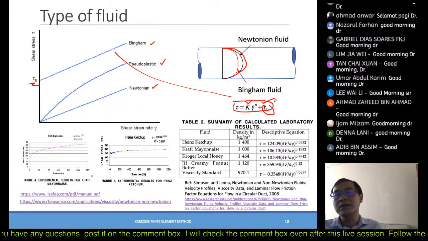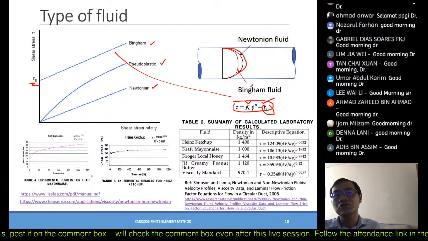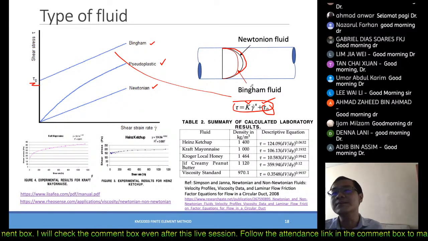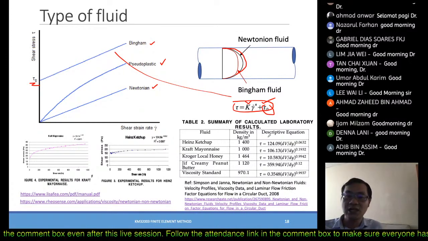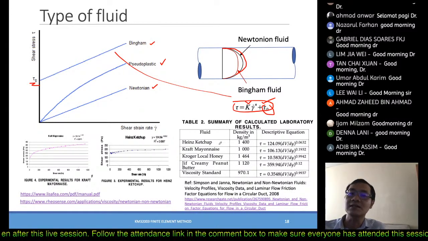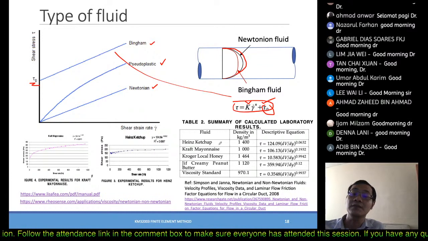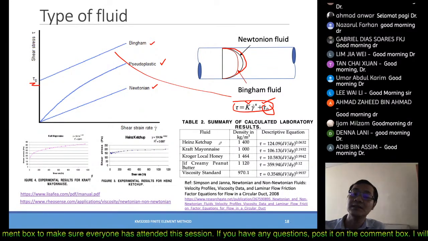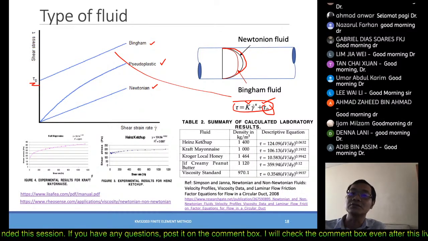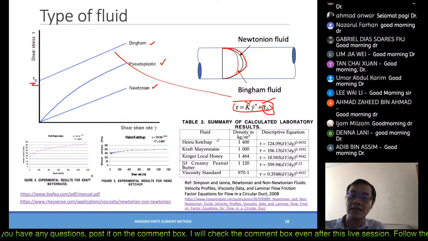So what is Bingham or pseudo-plastic? A quick check, you can see that Simpson and Jenner did tests on that.